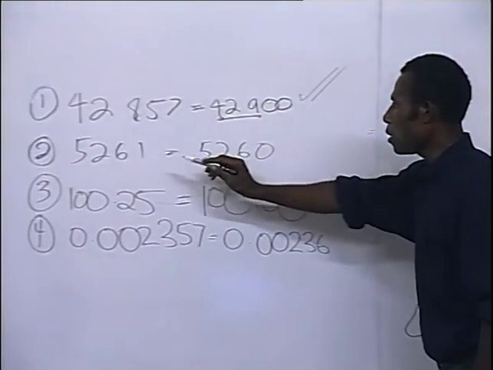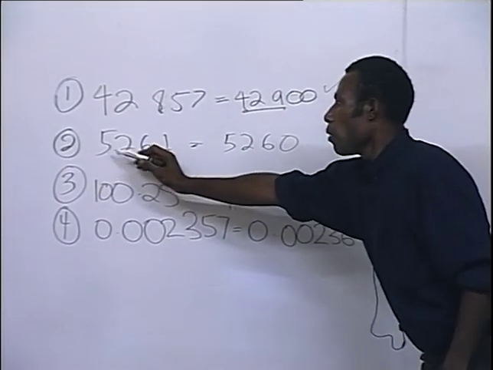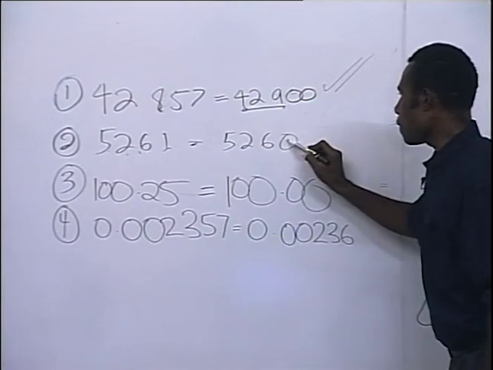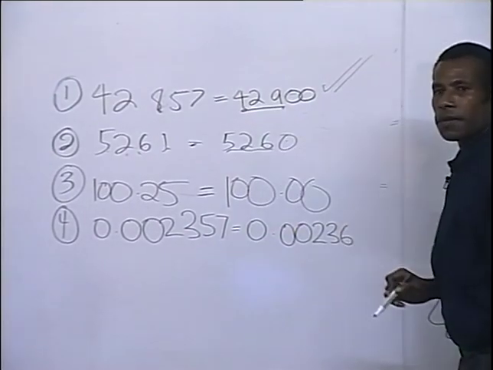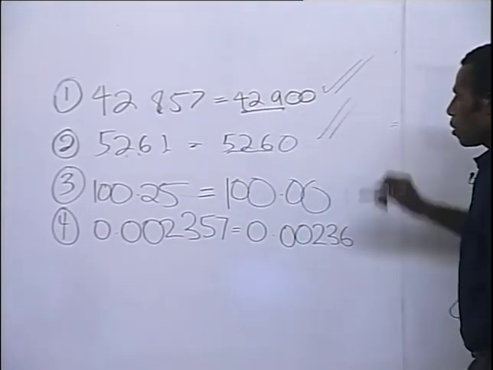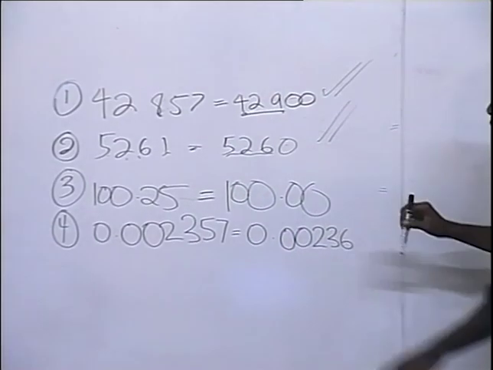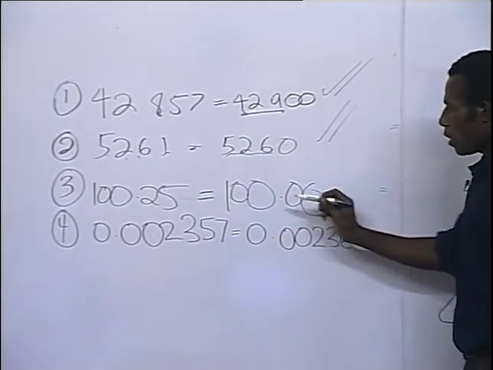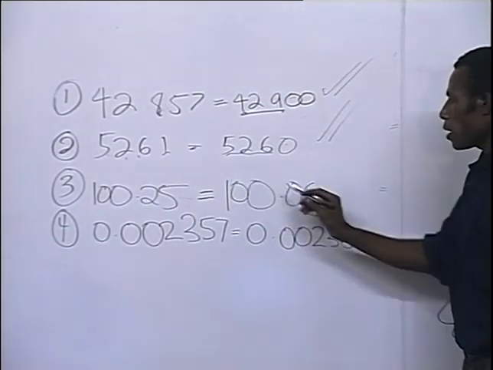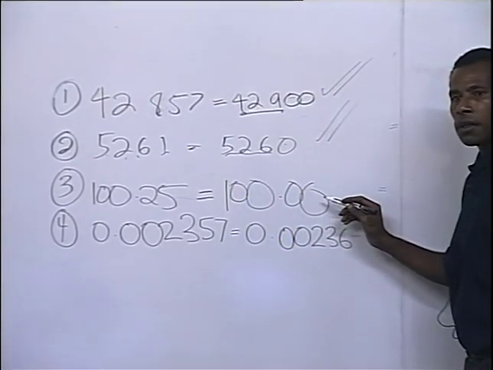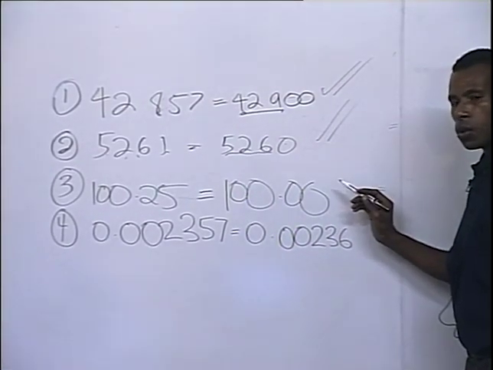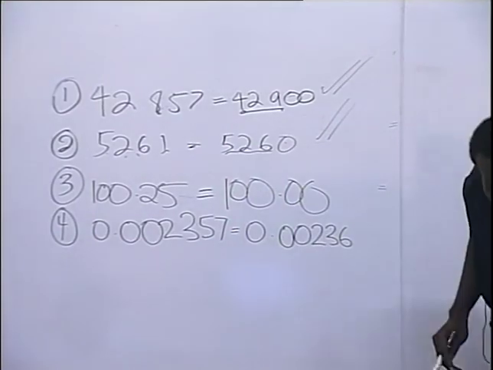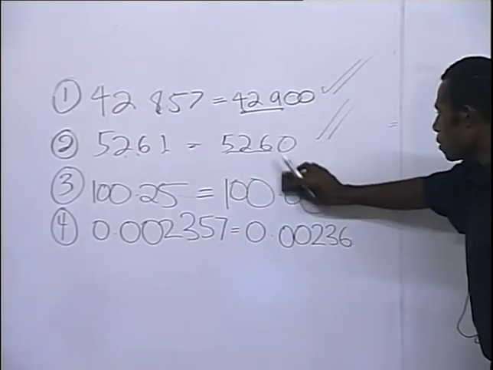Right, the second one, 1, 2, 3. So you have this one, which are the 3 significant figures. All right, look at the third one. Right, in this case, if you have to put something like this, this is how many significant figures? About 5. So in this case, you remove the 2 zeros.